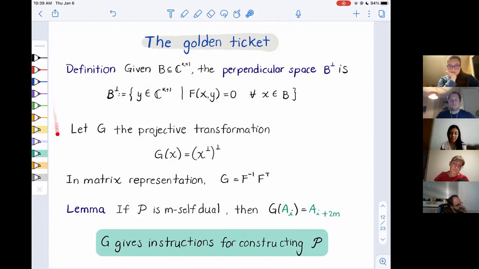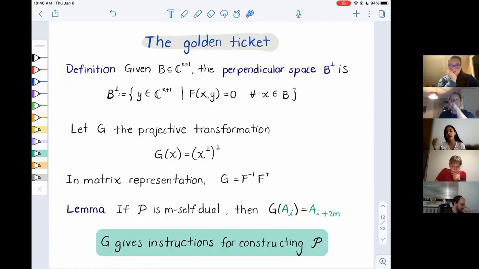So that is the general idea. I started with a polygon that is self-dual. Then given that polygon, I get myself a bilinear form. Maybe for some reason I forgot or lost my polygon. What I'm saying is that using that bilinear form, I can reconstruct the polygon that I had, the M self-dual n-gons.